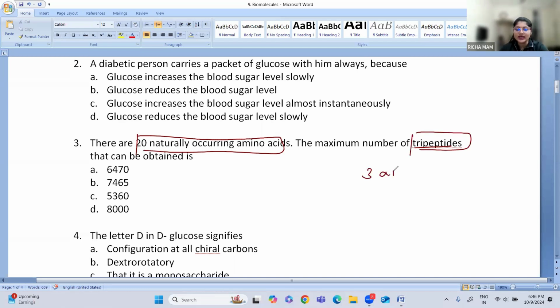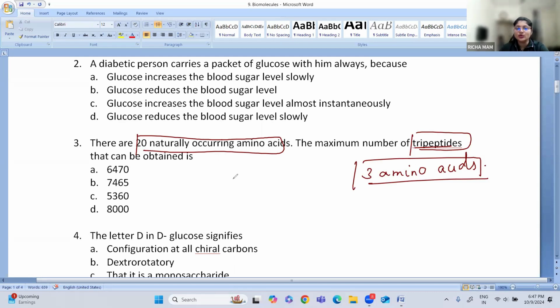When three amino acids are joined by peptide bonds, they are called a tripeptide.